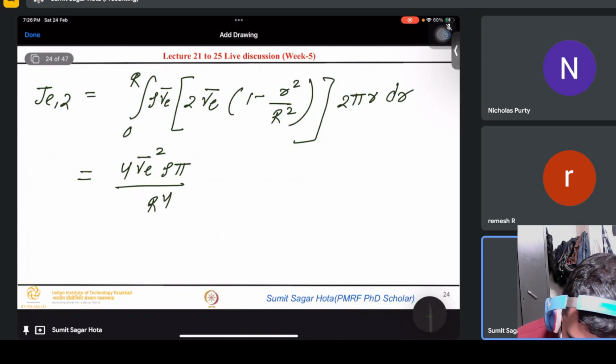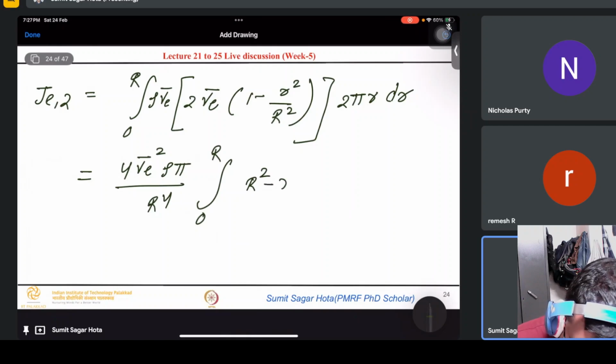Because in integration it is r to the power 4 by 4, the 4 is just taken outside. One more 2 is there, that is inside: 2r pi inside.